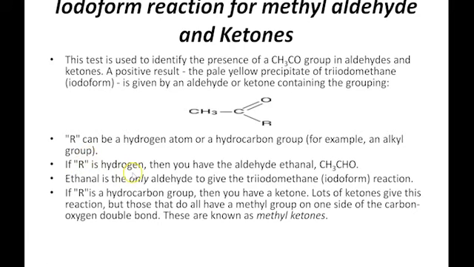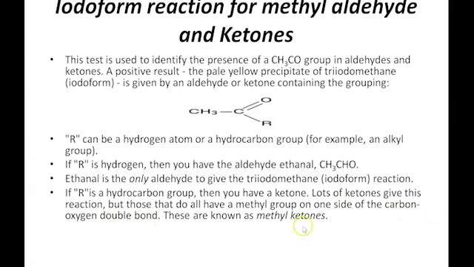If R is hydrogen, then you have an aldehyde, ethanal, and ethanal is the only aldehyde to give the triiodomethane or iodoform reaction. If R is a hydrocarbon group, then you have a ketone. Lots of ketones give this reaction, but those that do all have a methyl group on one side of the carbon-oxygen double bond.